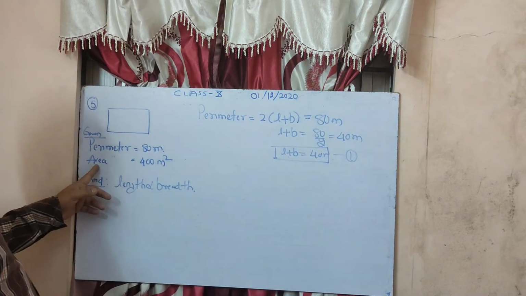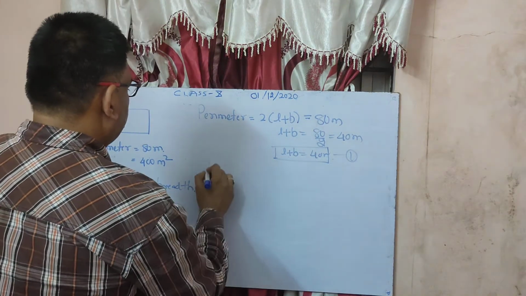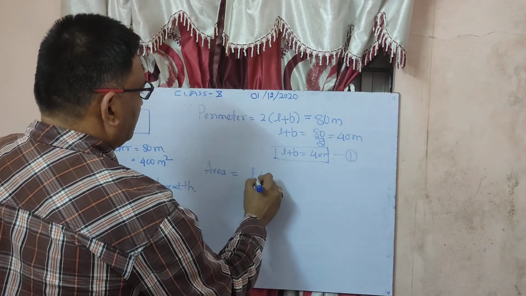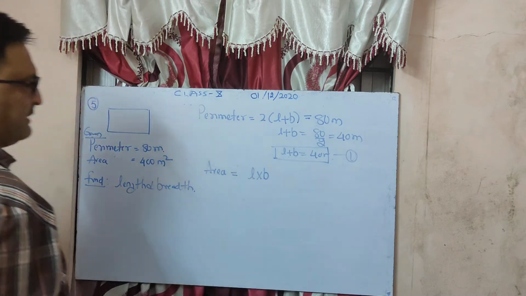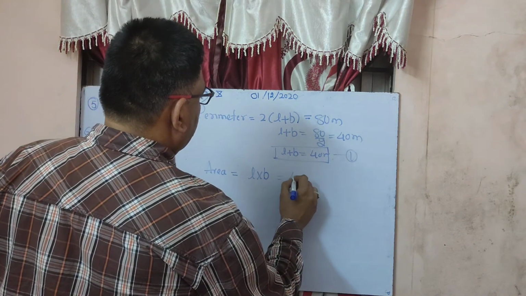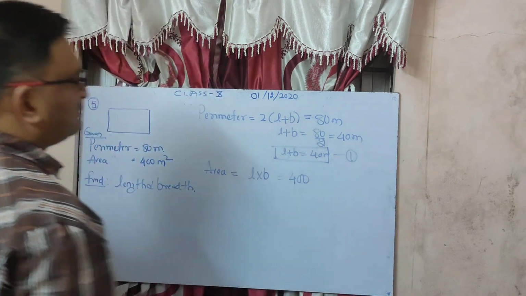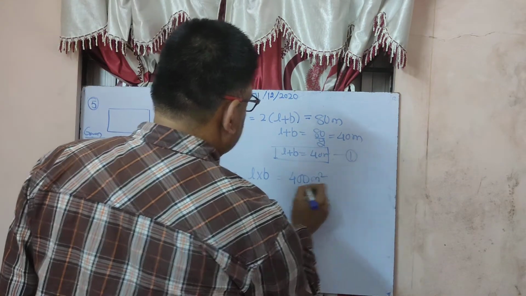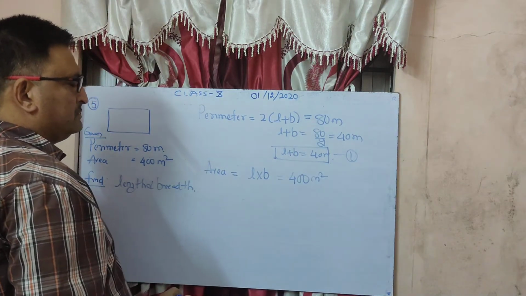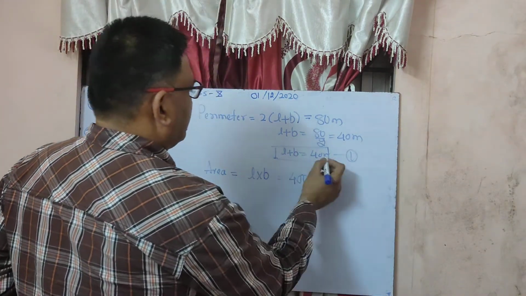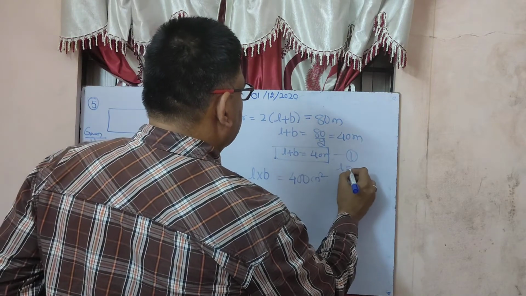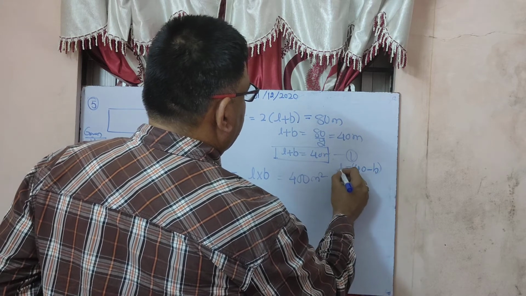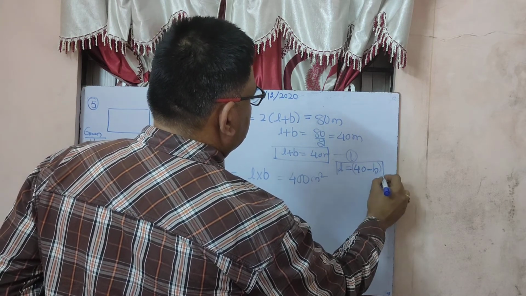So what is the second thing? Area. Area of a rectangle is length into breadth, L into B, that is 400 meter square. Now, length plus breadth is 40, so length is 40 minus breadth.